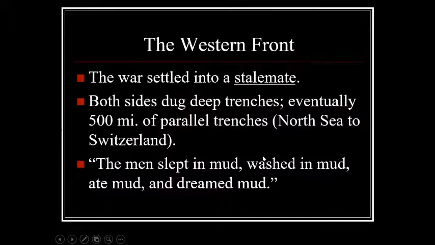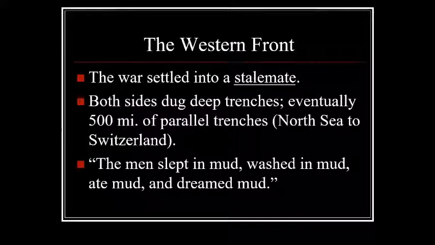All right. Now, this is going to then create what we call the Western Front. So this is where a stalemate occurs. No one's moving. They start digging in and digging these trench battle lines that eventually, as you can see, are going to cover 500 miles from the North Sea, so basically the area of water east of Great Britain, all the way down to the Swiss Alps in the south.